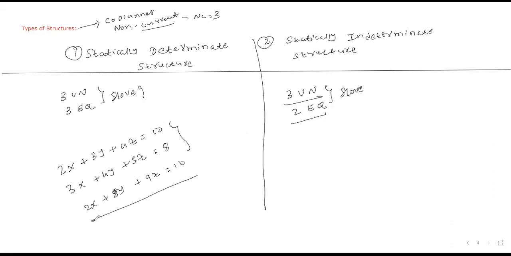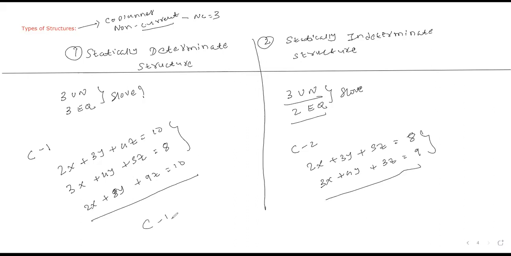Can I solve this system? Yes or no? This is case number 1. Let me write case number 2 first, then give your answer. Now, can I solve this system? This is case number 1 and this is case number 2. Let me make it easier for you: your answer should be given like this, case number 1 answer, case number 2 answer.